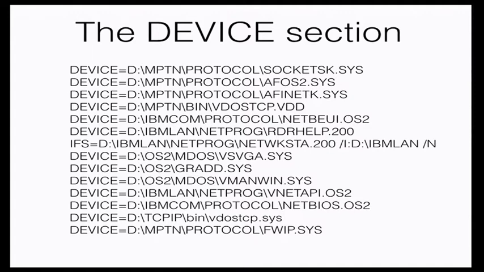Networking stuff. All of this is MPTN, all of your networking. These are IP, TCP/IP network stuff, mostly. I can tell you a little bit more about what they do, but not much.